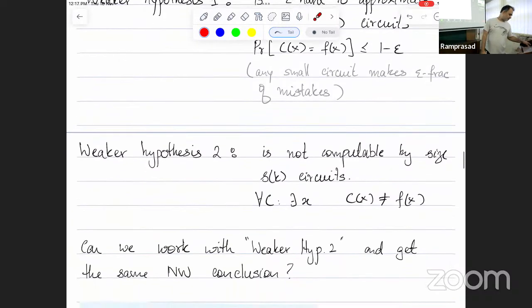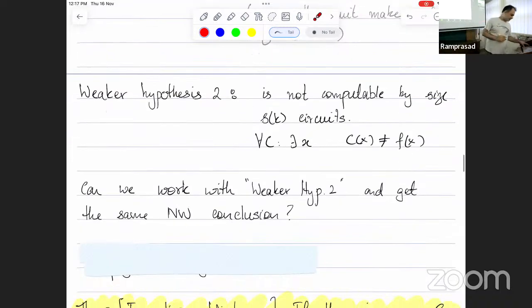The question we are asking is, can we work with whatever weaker hypothesis we managed to come up with, and get the same conclusion? Suppose I just know that I have something computable in exponential time, but my only guarantee is that every circuit of size 2 to the k by 1000 will make a mistake at least on one input. Is that sufficient for me to say P equals BPP?